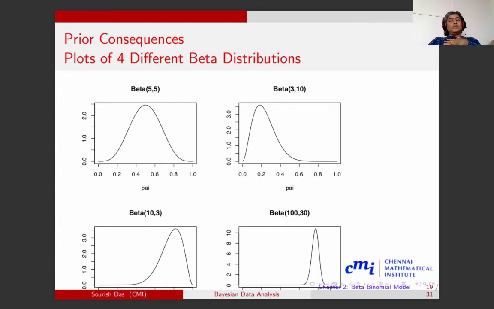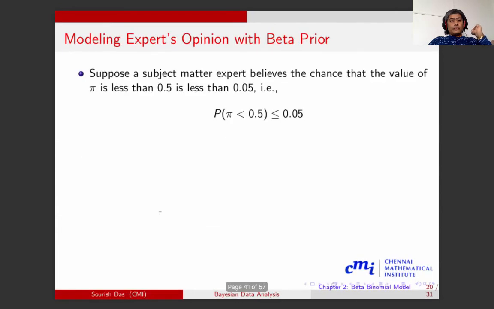But how does Bayesian statistics handle this issue? I will come to that a little later, but first I give you an example of how modeling experts' opinion with a beta prior can help us in this particular problem.